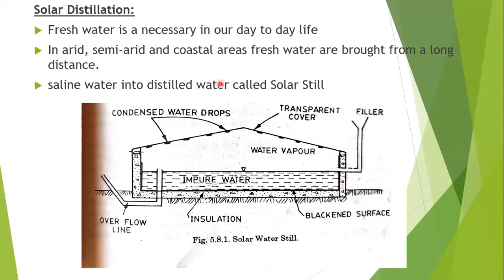The solar radiation falls onto the impure water, the impure water changes into vapors, and these vapors are collected to make pure water. The cost is very low. A purifier in our homes costs very much, but this is a low cost method, and the quantity of water we can obtain is also more.